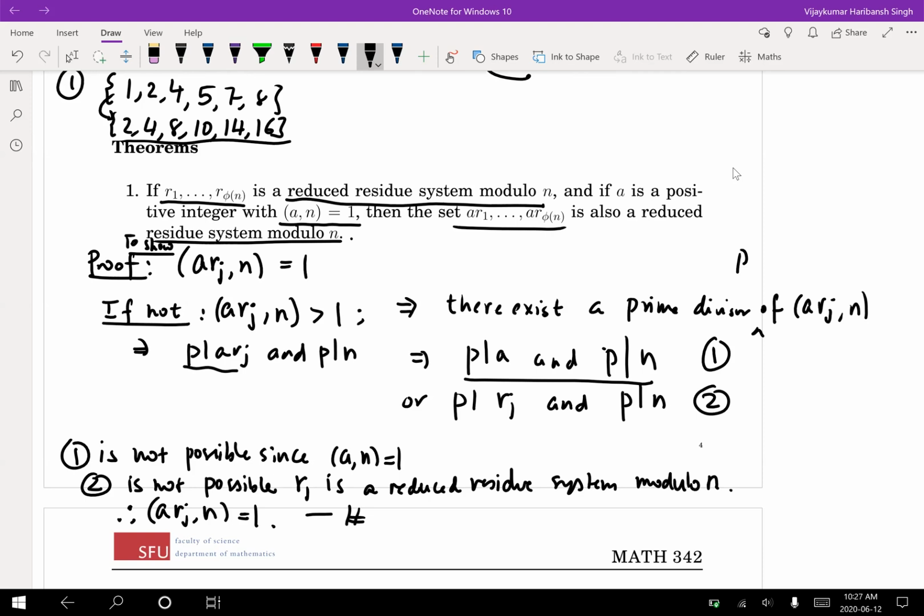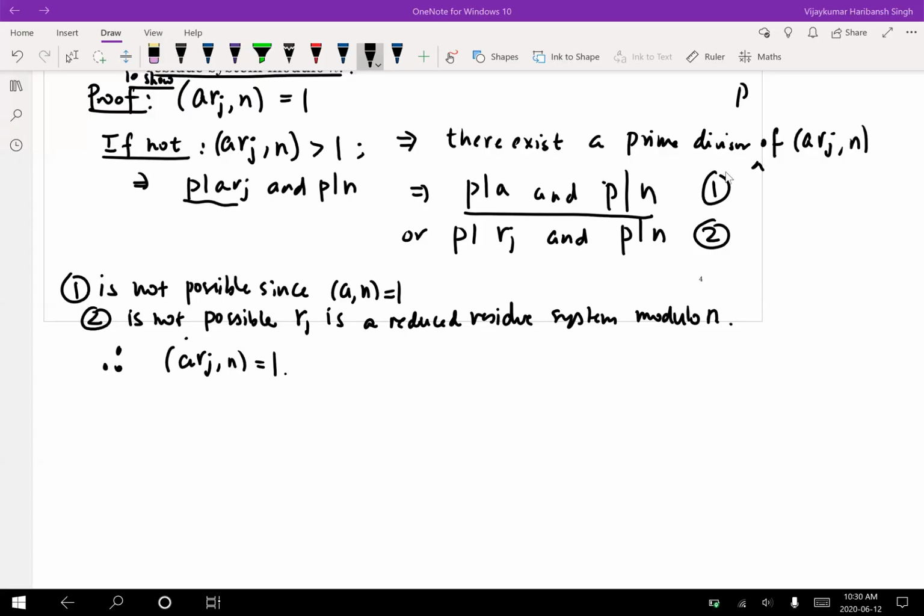Now the second thing we want to show is that none of these ARj are congruent modulo n. So we want to prove no two of the ARj are congruent modulo n. Why?